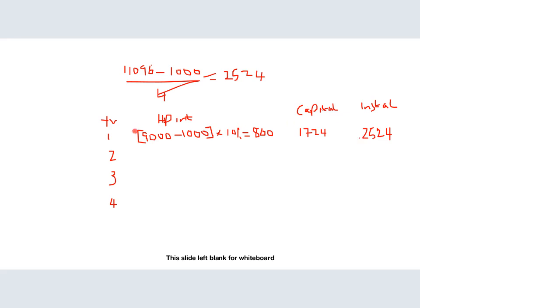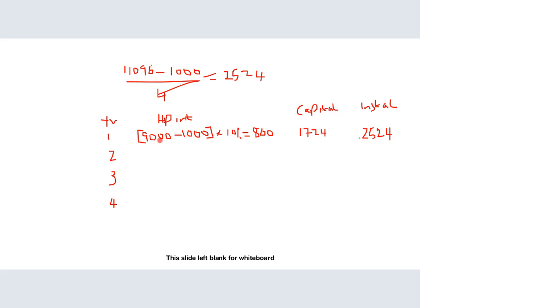Then we go to year 2. Now in year 2, remember, already for the cash price, the 1,000 has been paid in year 1.